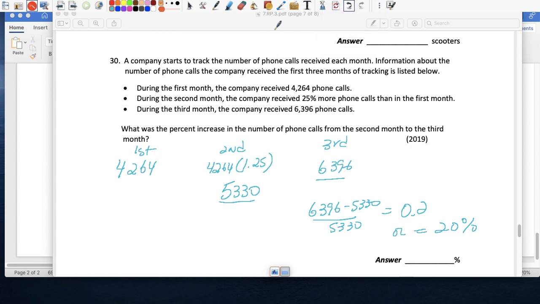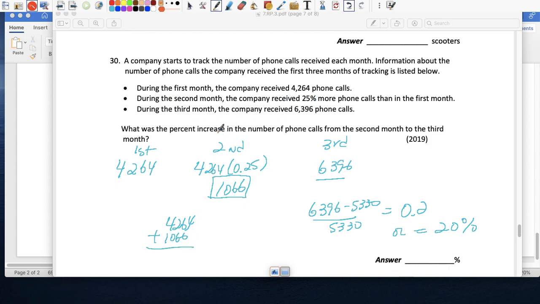Now be really careful here. If you multiply 4,264 times 0.25 only, you're going to get the number 1,066. I hope you realize that this is not the final answer. You would have had to do 4,264 plus 1,066, because there was an increase.